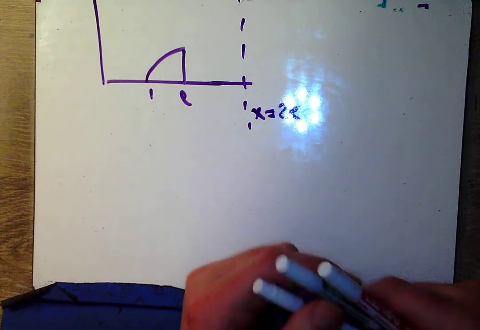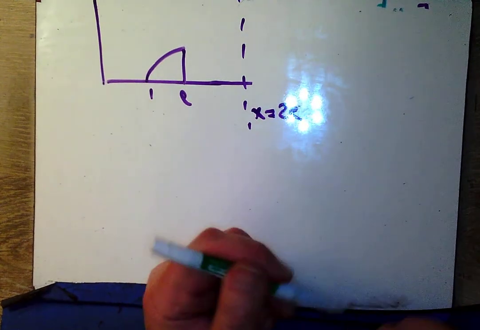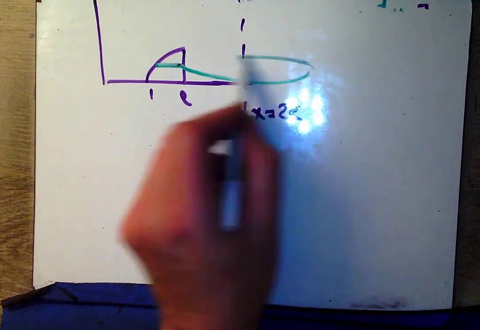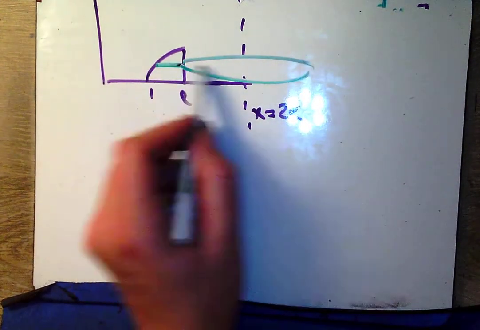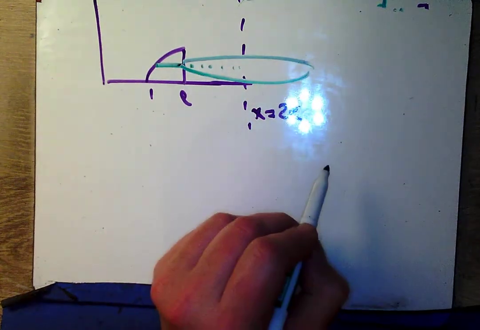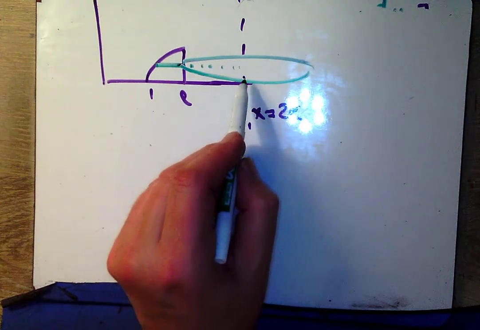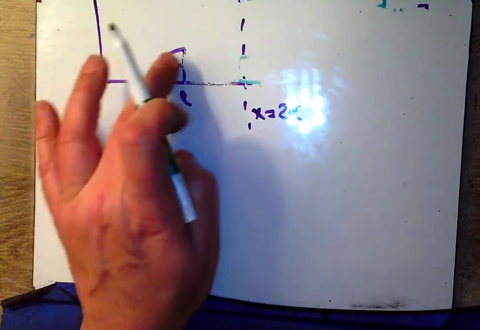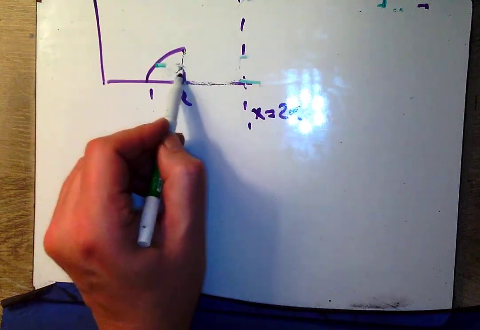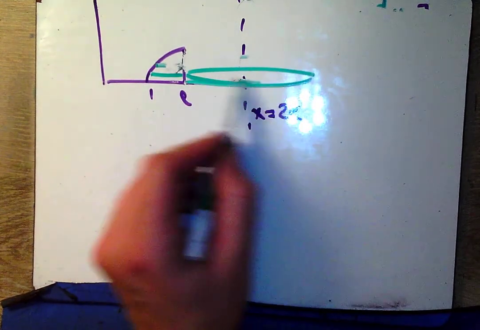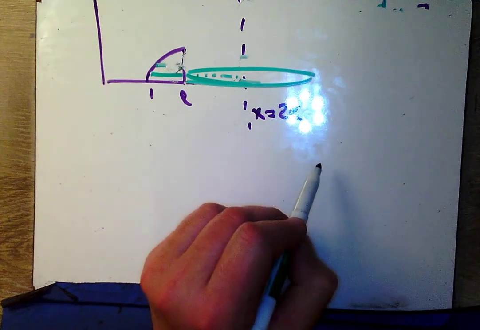All right. So if I do disks and washers, I want something that is perpendicular to that axis of rotation. And look at that distance. That's the distance from here to here. Now, if I were to draw that someplace else, like down here, well, look, it's the same little r.